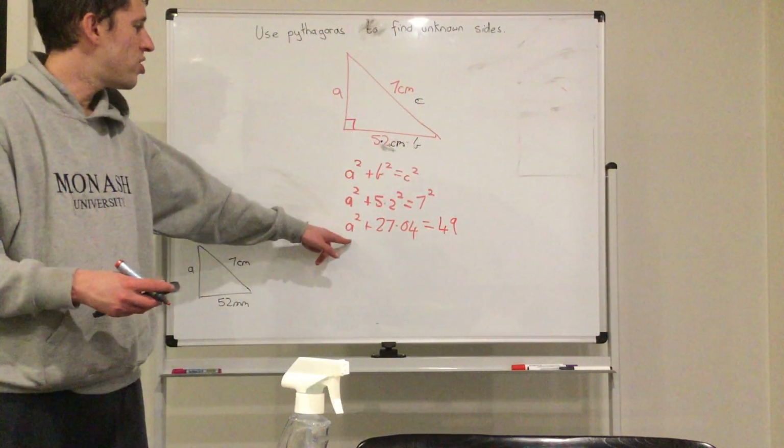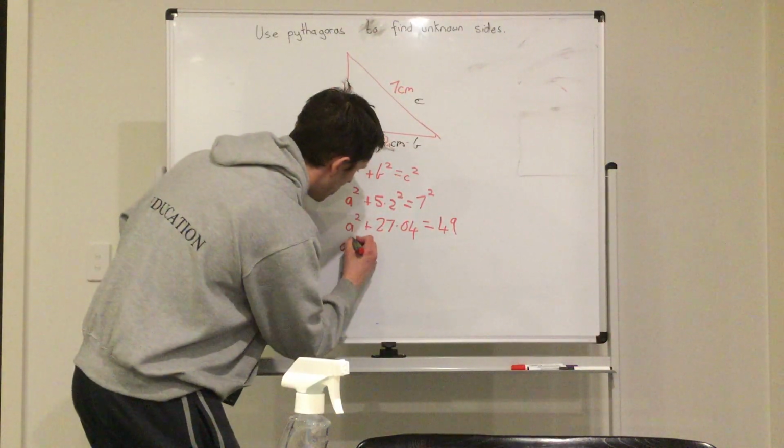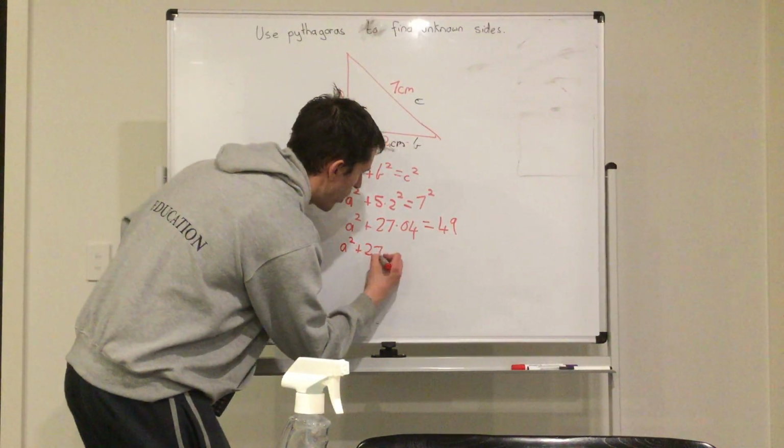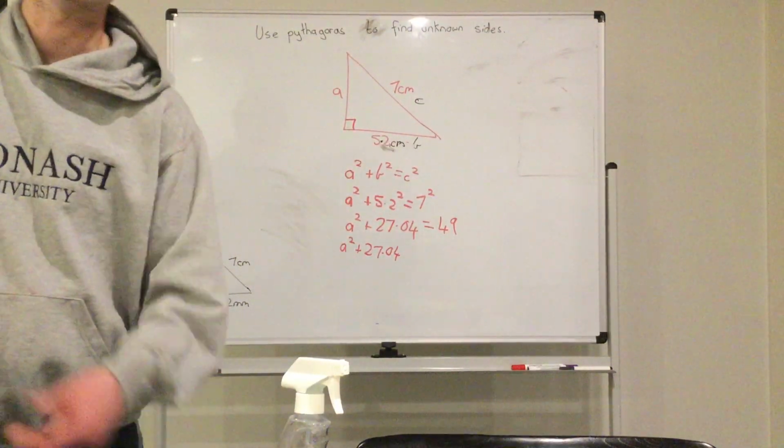Again, I need to get A squared by itself, so that means I'm going to take 27.04 from both sides.